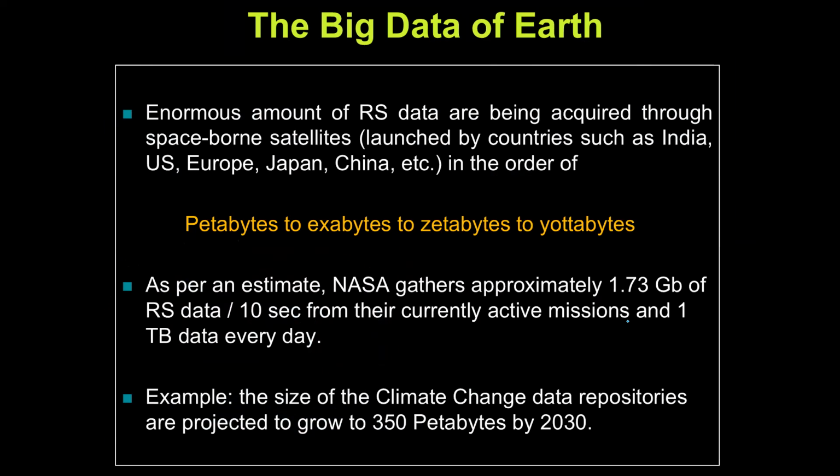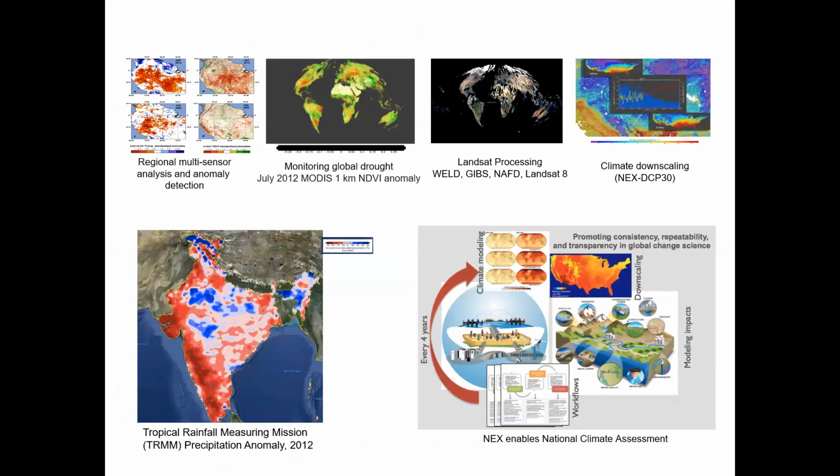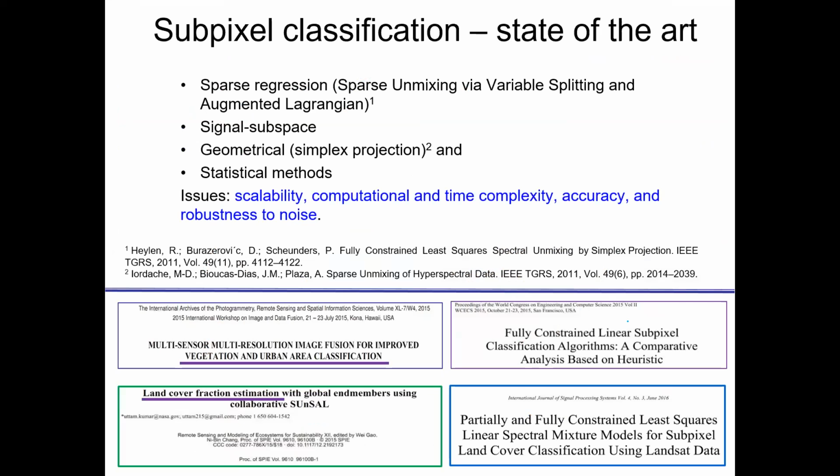For example, climate change data might be on the order of 350 petabytes by 2030. There are currently a large number of data projects going on around the world, such as the Landsat program, climate projections, the Tropical Rainfall Measuring Mission TRMM, global drought program, global forest monitoring, climate downscaling, and so on. Multiple projects are going on in different domains.